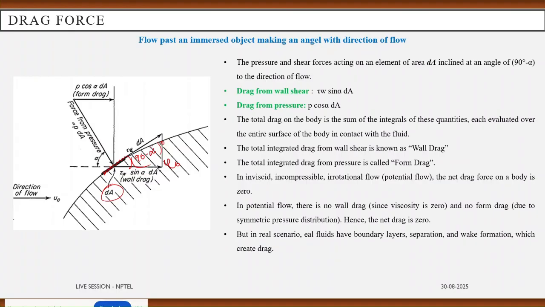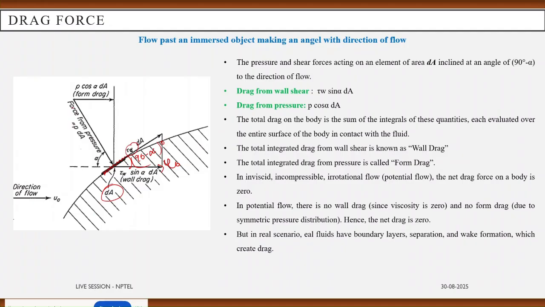And if you resolve the force components at this angle, you can see that the shear force is tau sine alpha dA, and it is acting in the direction of the fluid flow.